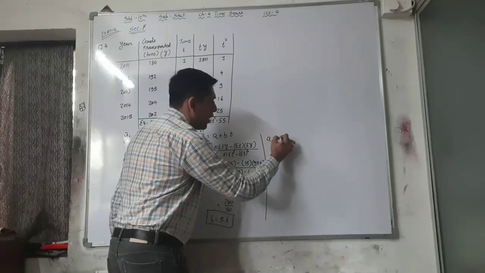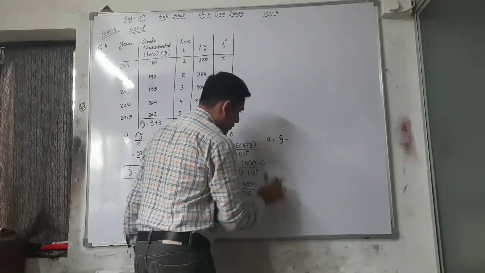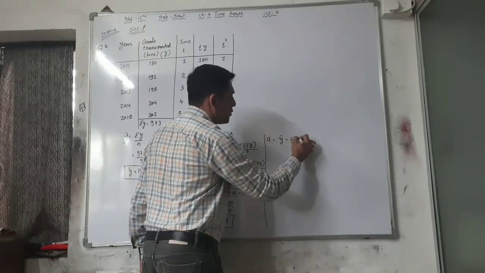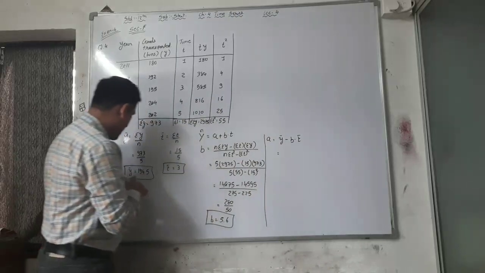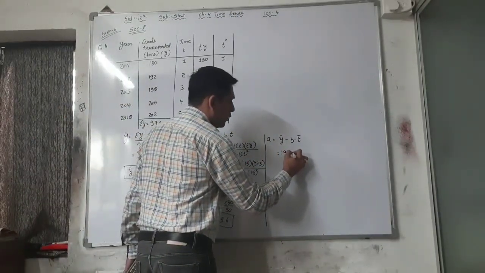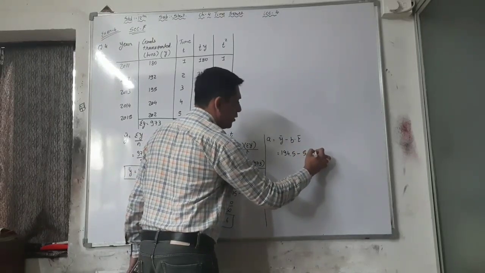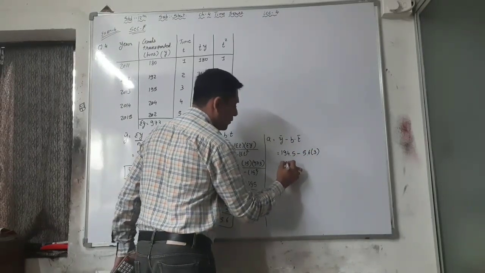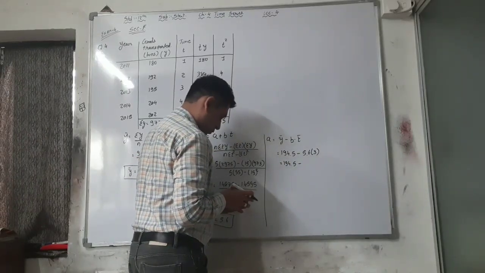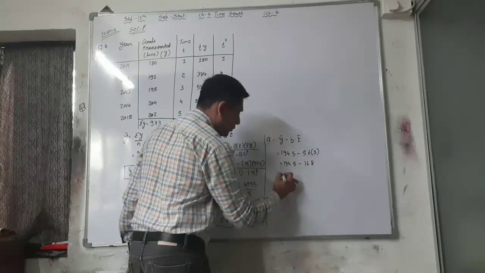First of all, we have to find out the value of a. a is equal to y bar minus b t bar. What is your y bar here? 194.5 minus b is equal to 5.6 into t bar, that is 3, 16.8.